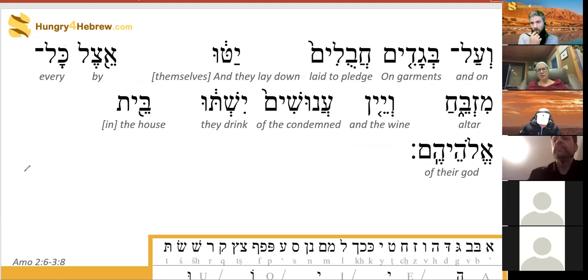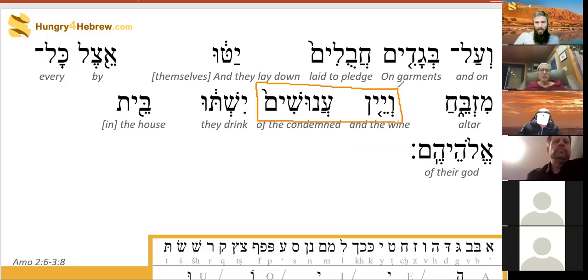Question? Yes. V'yein anushim. Why is that definite? That construct chain. The question is, how is this right here a definite construct?